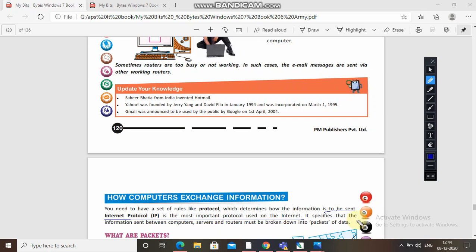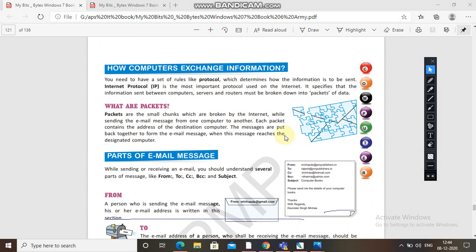So what are packets? Packets are the small chunks which are broken up by the internet, as you can see here in the picture. These are broken into small chunks while sending an email message from one computer to another.